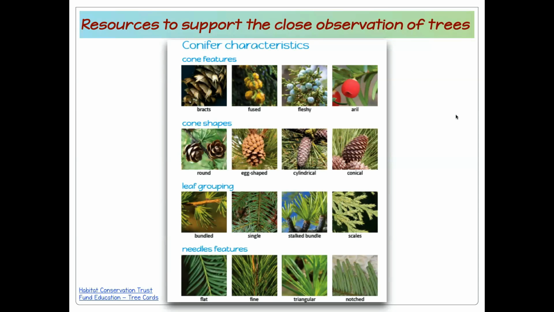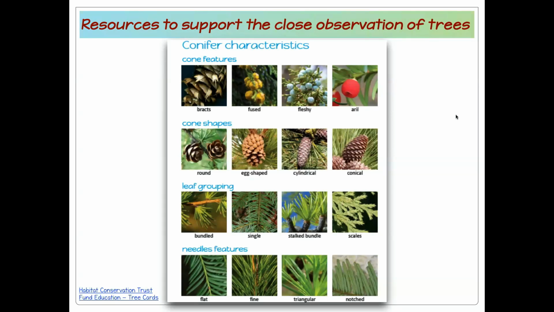So we can really support a close observation of trees and what we can learn from them through looking at their characteristics. And I learned so much just in the last couple of days by looking at these wonderful cards that Lisa found that really focus on cone shapes or leaf groupings.